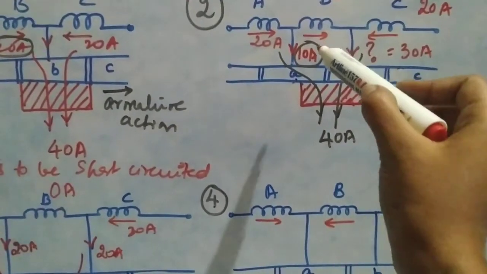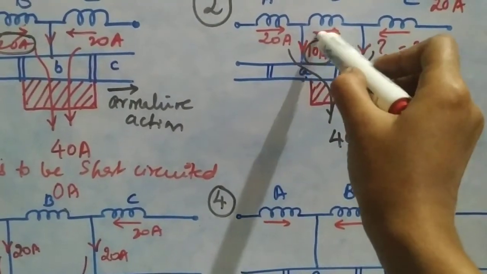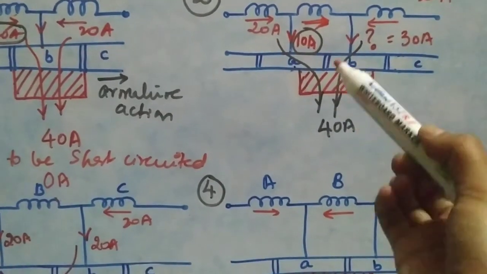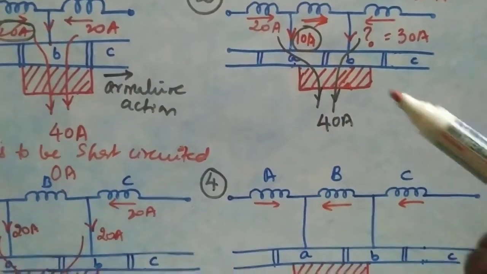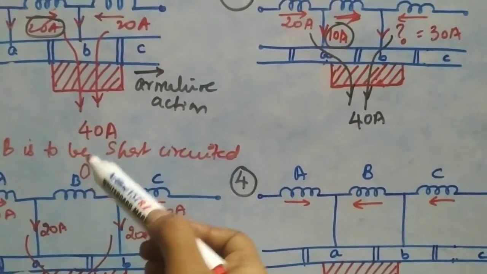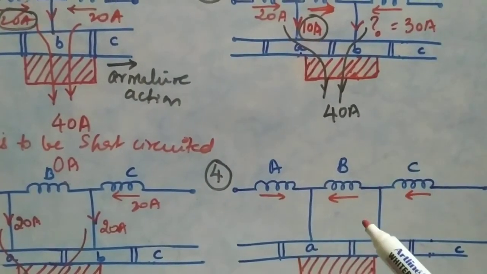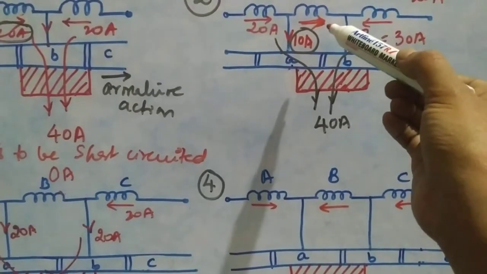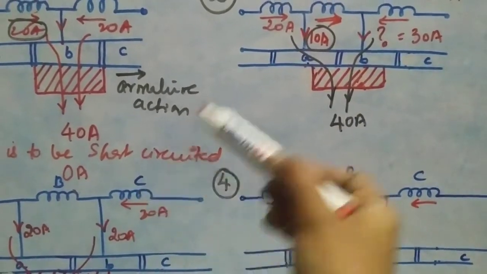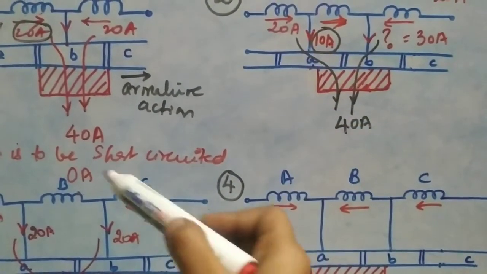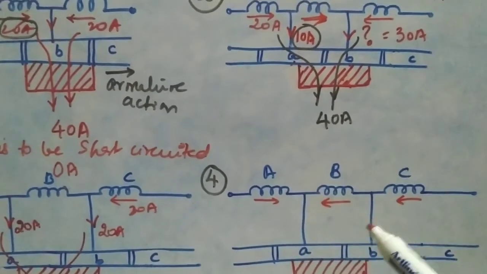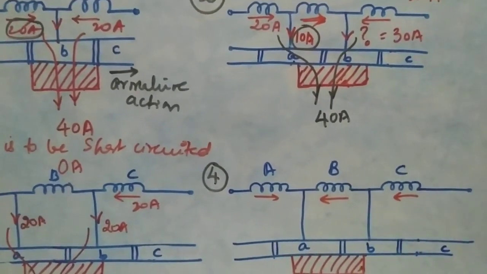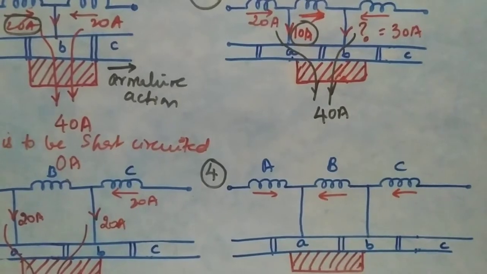So the direction will be from left to right, but in the next cycle, once it reaches 0, the flow of current will be in the negative direction. Therefore you will find that from the positive cycle, plus I to 0, then from 0 to minus I. That is the reversal of the current, right?